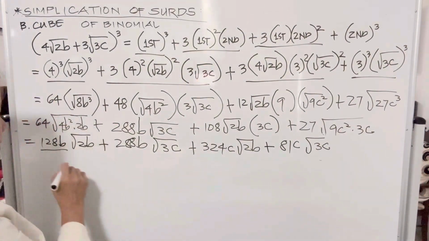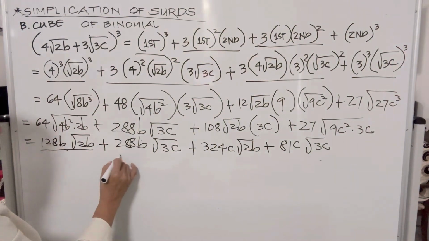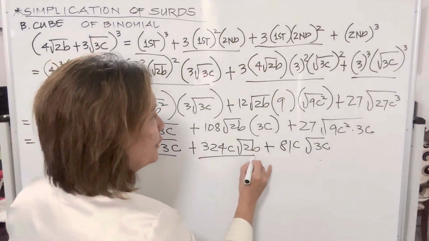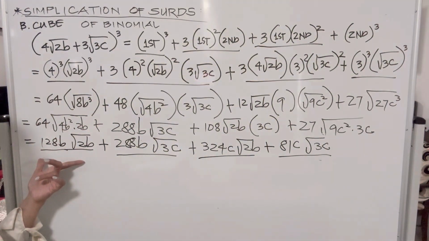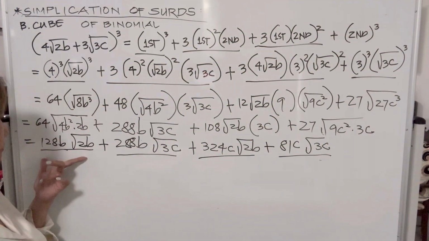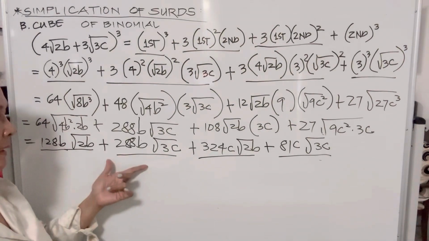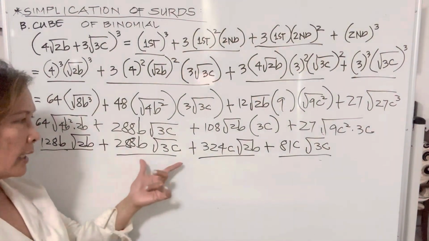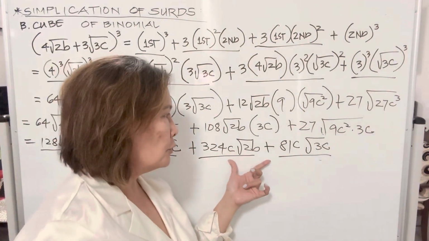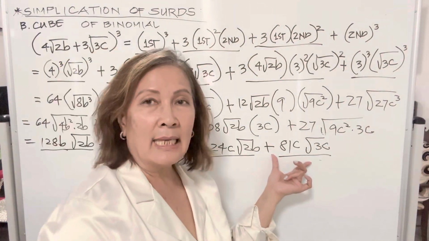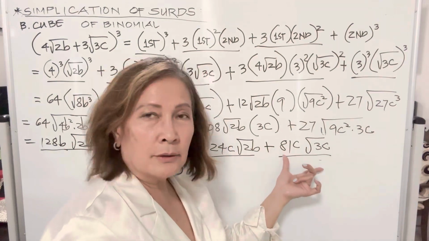Meaning, this is our final answer now, where we have 4 terms: 128b square root of 2b plus 288b square root of 3c plus 324c square root of 2b plus 81c square root of 3c.